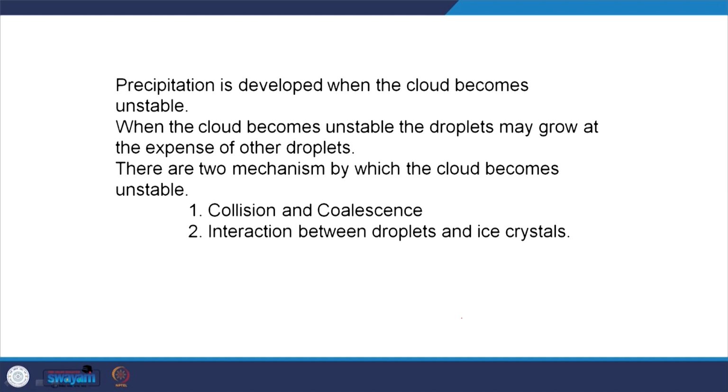Right. So these are the mechanisms by which the cloud will eventually result in the formation of precipitation. So we will learn about these two mechanisms and how we can quantify the rates at which these two mechanisms work towards the formation of precipitation and many other things in the subsequent classes. Okay, thank you.